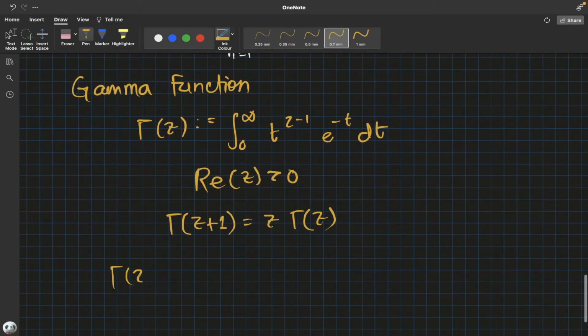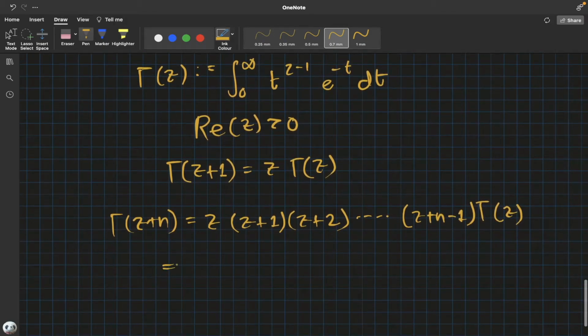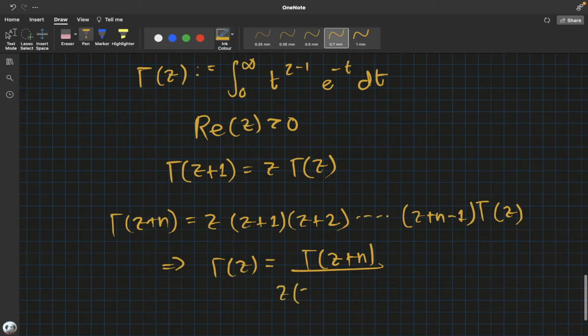So let's build on the recursive relationship. Z plus 1, z plus 2, and so on, z plus n minus 1, gamma of z, which we can make gamma of z the subject of the equation, with gamma of z plus n in the numerator, over z, z plus 1, up to z plus n minus 1.